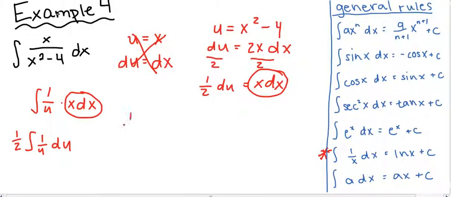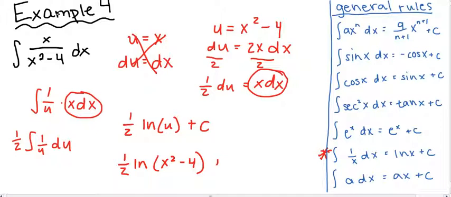You will then get 1/2 times the ln of u plus c, and then you'll have to fill in the u. So your final answer will be 1/2 times ln of x squared minus 4 plus c.